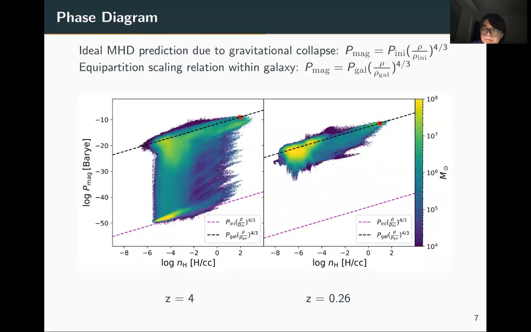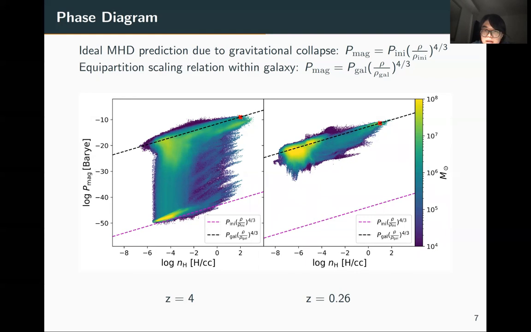And in our simulation, we set the initial magnetic field to be 10 to the minus 20 Gauss. Due to the frozen-in behavior of the ideal MHD, when the field expands and collapses because of the gravity, the magnetic pressure will scale as rho to the 4/3.